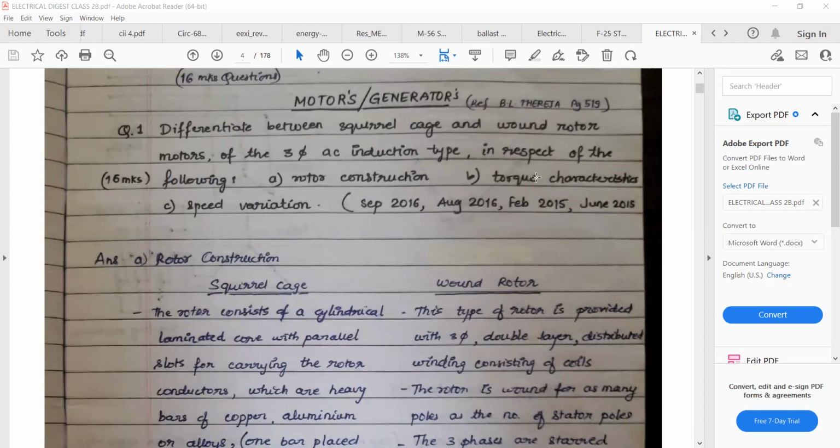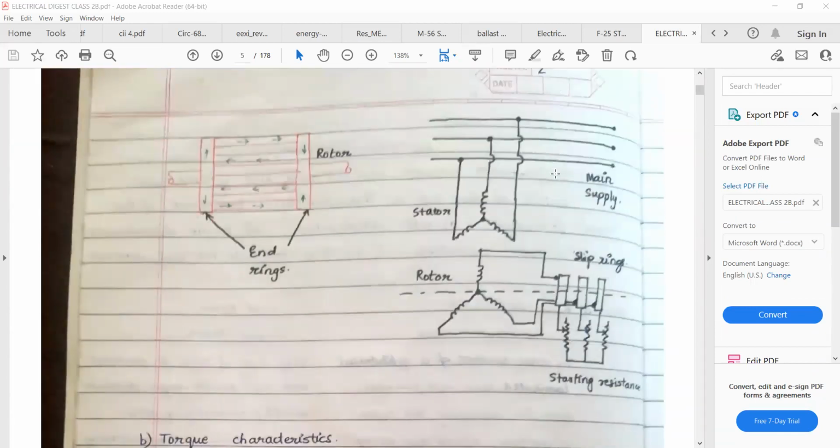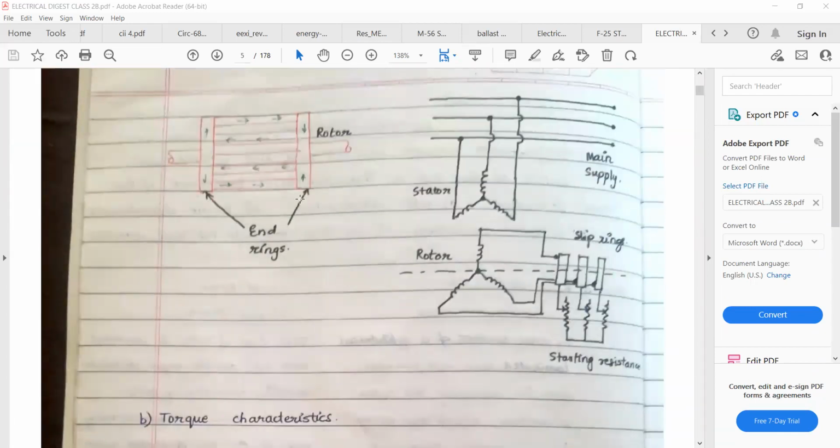Now second part is what? Torque characteristic. What is the difference between torque characteristics? You can draw this diagram. Don't draw the parallel lines. Draw the line like this, a little bit like this. Okay, understood?